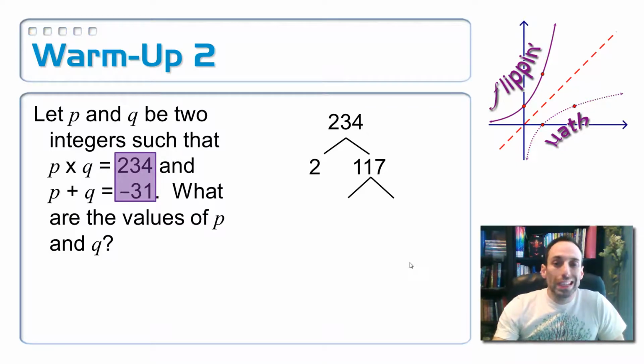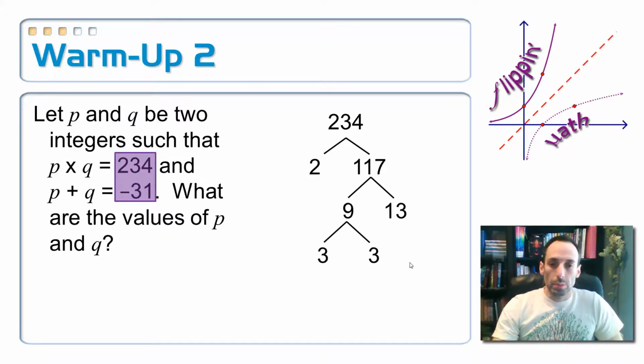Okay, it's not even anymore, so 7 plus 1 plus 1 is 9. 9 is divisible by 3, therefore this number is divisible by 3. Oh, it's also divisible by 9. Okay, so 9 times 13, and then of course 9 is 3 times 3.